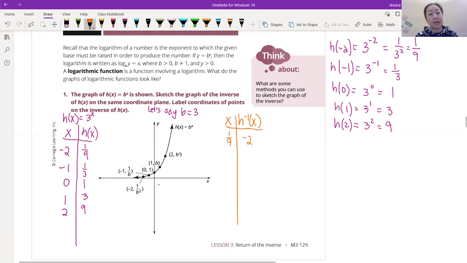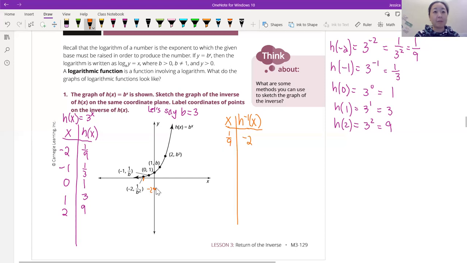So I'm going to just graph this. What is that going to look like? So x is 1/9. So it's right about, guesstimate, right? Do you see the distance right there? It's very, very tiny. So very, very tiny to -2. So this is about -2 right here. So about that same distance, about right there, there's -2.